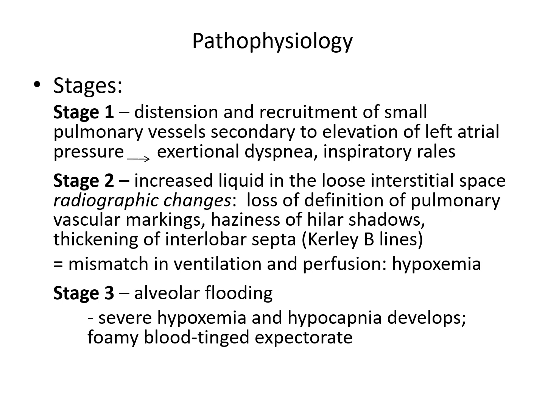And when it is already in stage 3, there is already alveolar flooding. With alveolar flooding, you will be able to notice now severe hypoxemia, a decrease in oxygen saturation. There may even be hypocapnia.